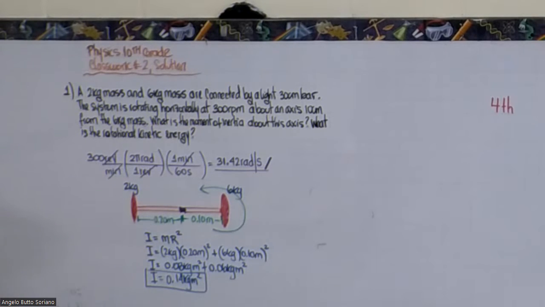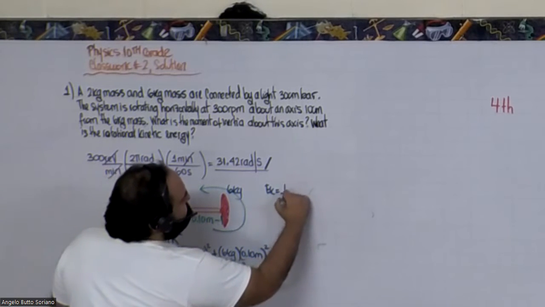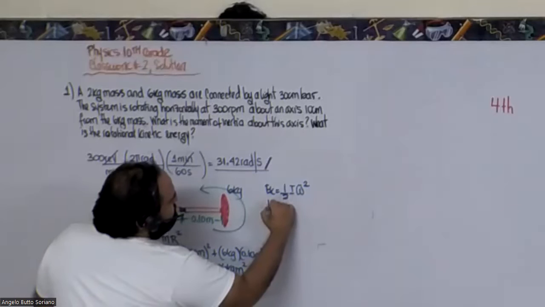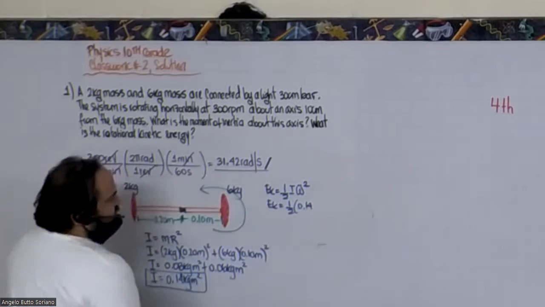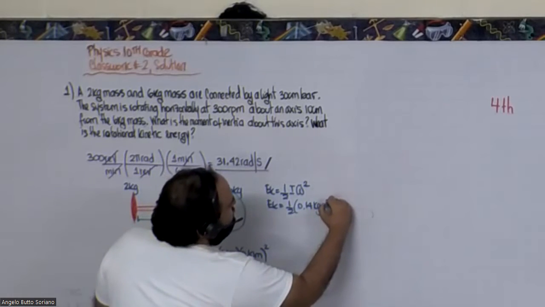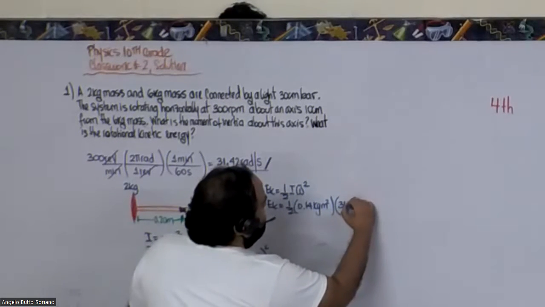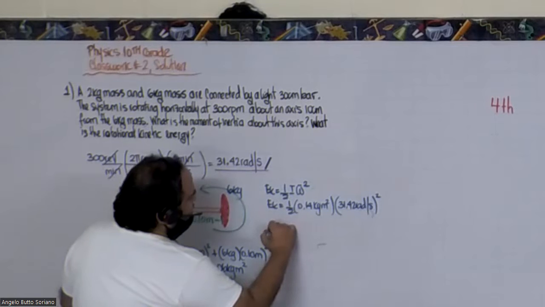And the second question is, because we have the moment of inertia, what will then be the kinetic energy? The rotational kinetic energy, K, will be given by 1/2 I omega squared. So 1/2 times 0.14 kilograms square meters, and omega is 31.42 radians per second squared.